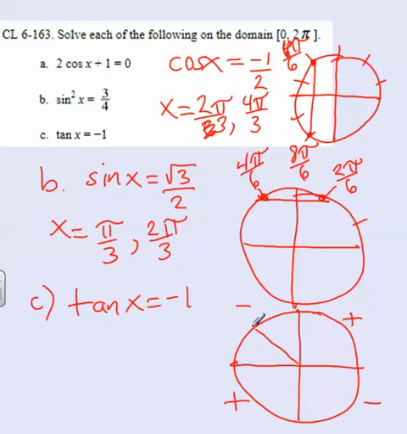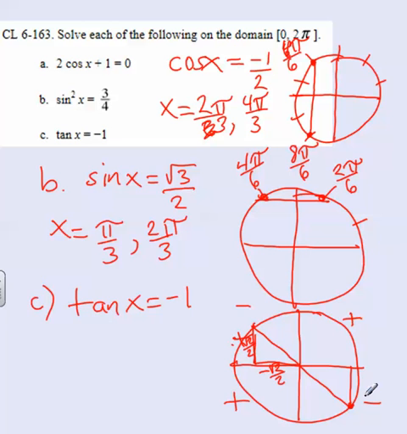Tangent is 1 at these two places, because that's when we've got 2 pi over 2, 2 pi over 2, and the tangent, opposite over adjacent, creates a 1, -1 and a +1.